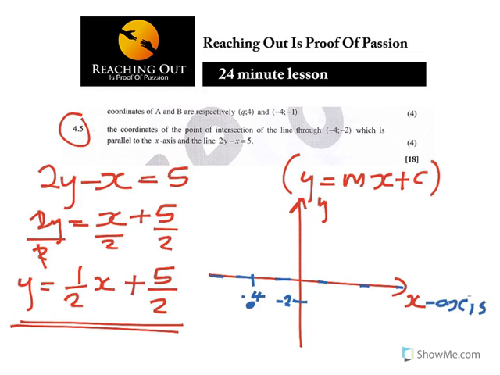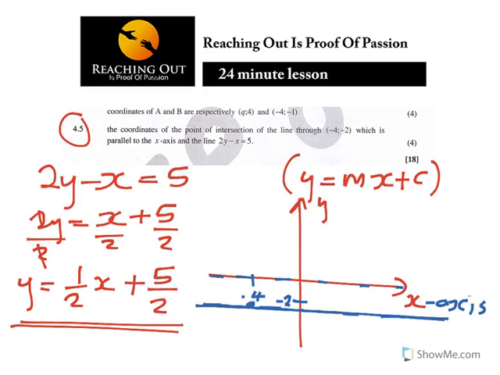So they are saying the coordinates of the point of intersection of the line through -4, -2, that line passes through -4, -2, which is parallel to the x-axis. So you have got a line like this. I'll draw it. This particular line is parallel.